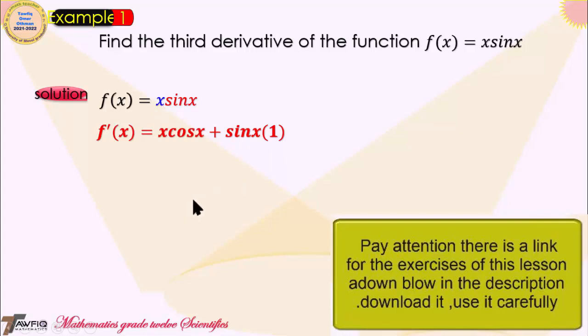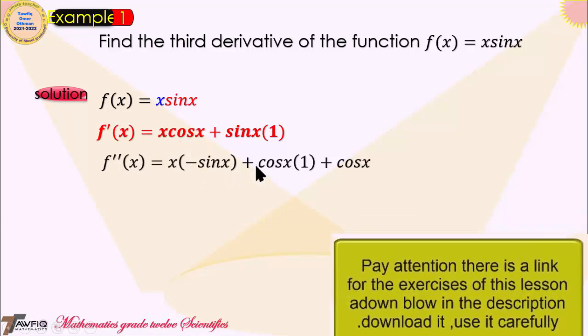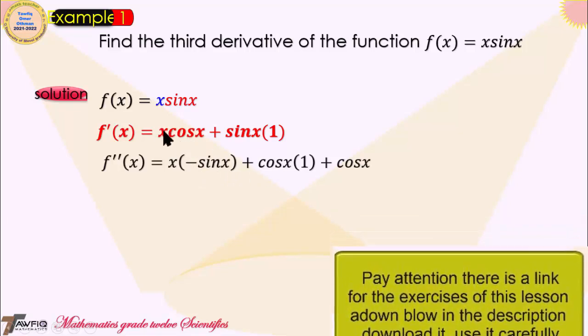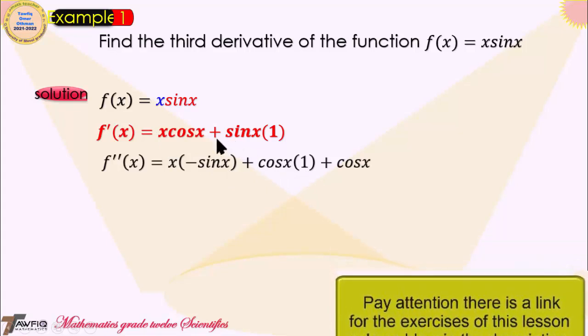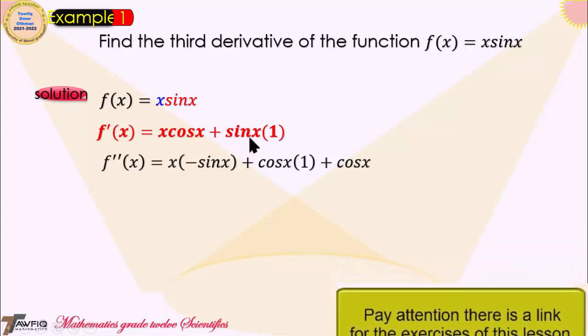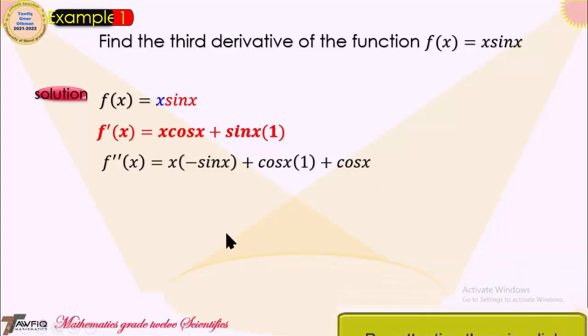And now to take the second derivative, it is equal to the first one times the derivative of the cosine, which is minus sine, plus the second one, cosine x, times the derivative of the first one, which is 1. And then plus the derivative of sine x, which is cosine x.